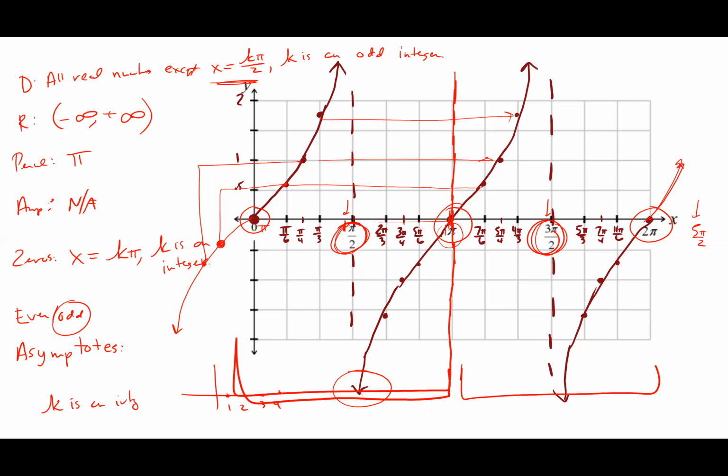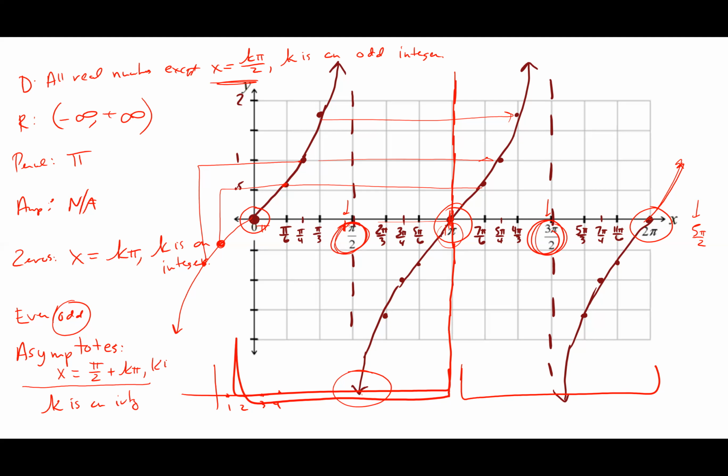How about if I do it a different way and see if this makes sense? You guys tell me if this is true. I'm going to define it as this. All the asymptotes are x equals pi over 2 plus k pi. You tell me if that is true. Is that saying the same thing as, oh, I have to define it, right?